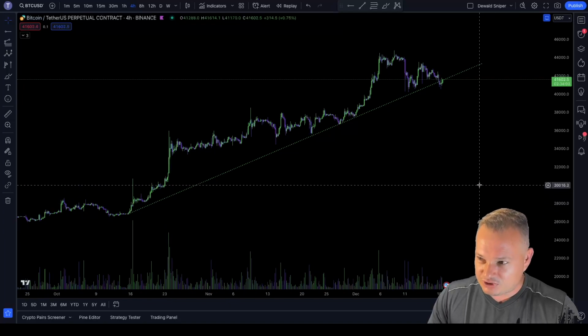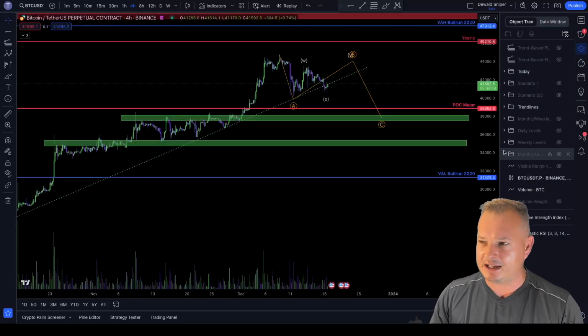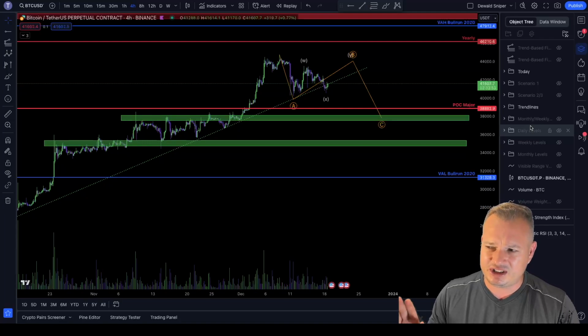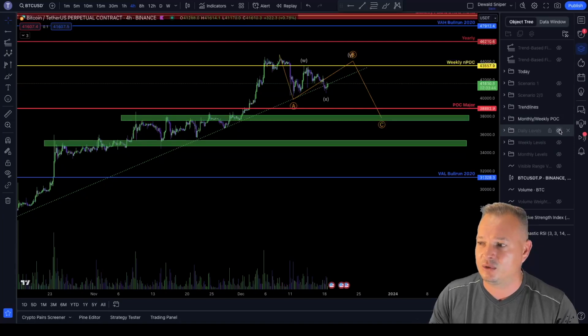Okay, so looking at the price of Bitcoin here, when I switch on my daily analysis, and for those of you, I love these object trees. It keeps your charts nice and clean and smooth. So please, if you have the time, there's lots of YouTube movies that show you exactly how to do this, and perhaps I will upload one sooner or later just to show you guys how I keep everything nice and organized.